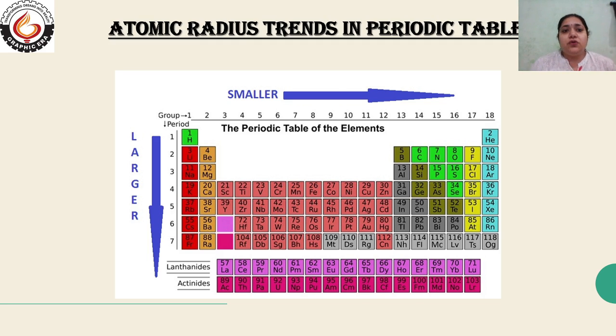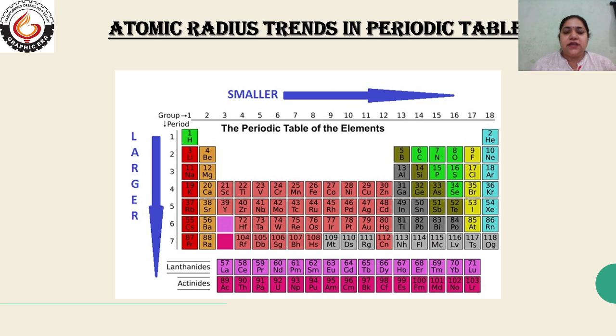Clear? So if we are talking about the atomic radius trend in the periodic table, when we move to the right in a period, it decreases. When we move down a group, it increases. It increases in a group because the number of shells increases.